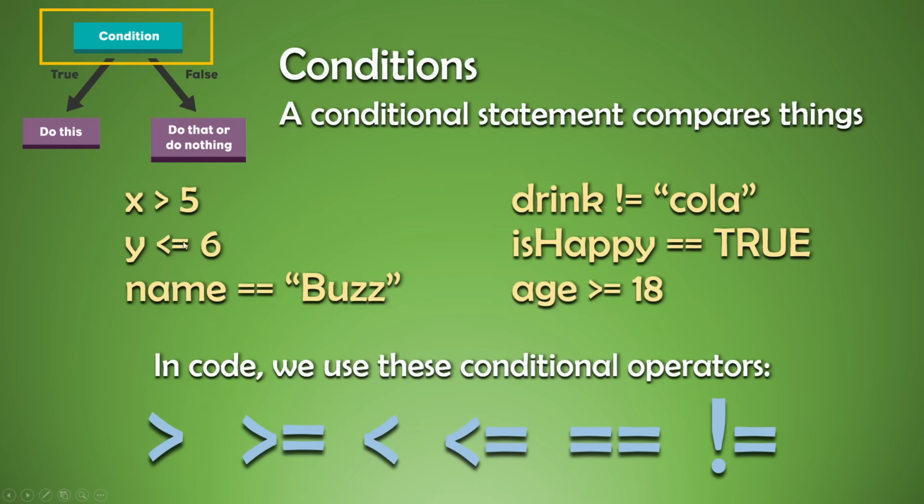Is y less than or equal to 6? Now, in this case, x and y are just variables in my code, right? These are just variables that I might have made. Name is a variable. These are all variables here, right? But at the moment, I'm testing, is age greater than or equal to 18? If true, then do this. If false, do that. So we use all these different conditions to test things out.